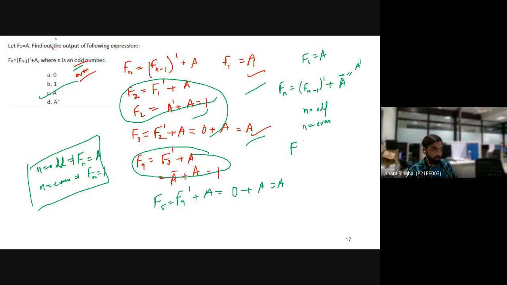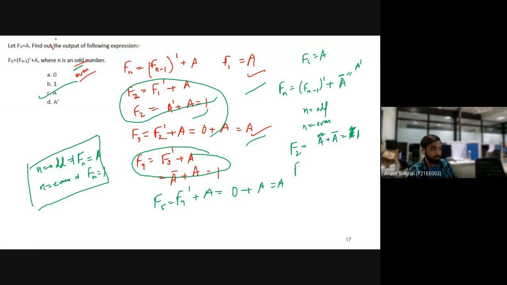I'll try to solve it side by side. Even 1, odd A bar. Okay, let's check. F2 is F1 complement plus A bar. Oh, F1 is A, sorry, so F1 complement is A bar, and A bar plus A bar is A bar. Okay. Oh, F2 is 1, sorry. This will be 1 only.